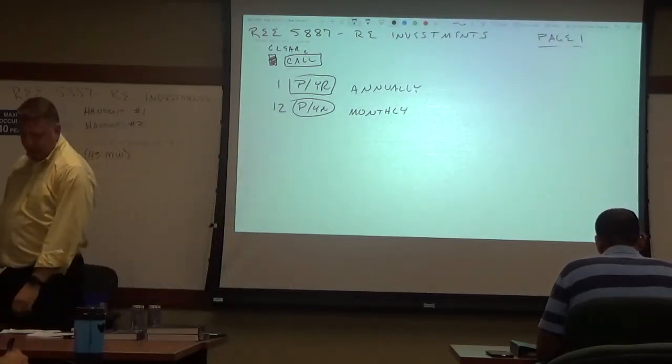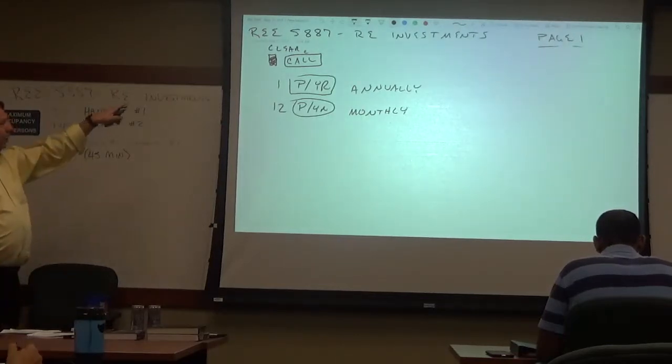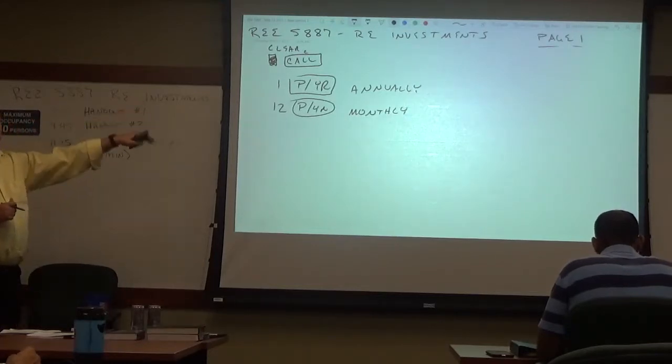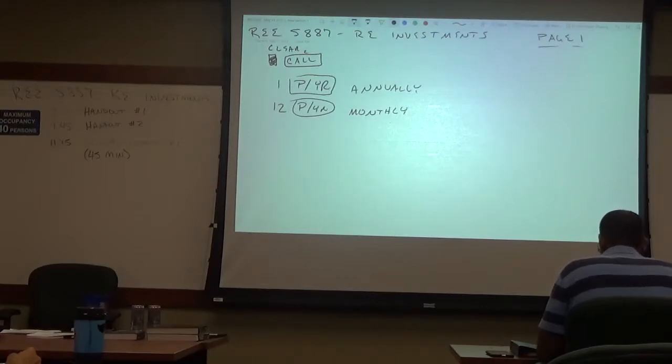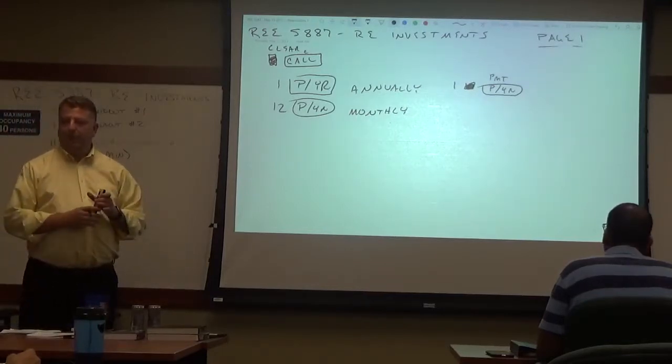Now, the question is, how do I go about setting or resetting to one or the other? If you want to set it to annual, you hit 1, you hit the shift key, and then underneath the payment key is payments per year. Everybody see that on the calculator?